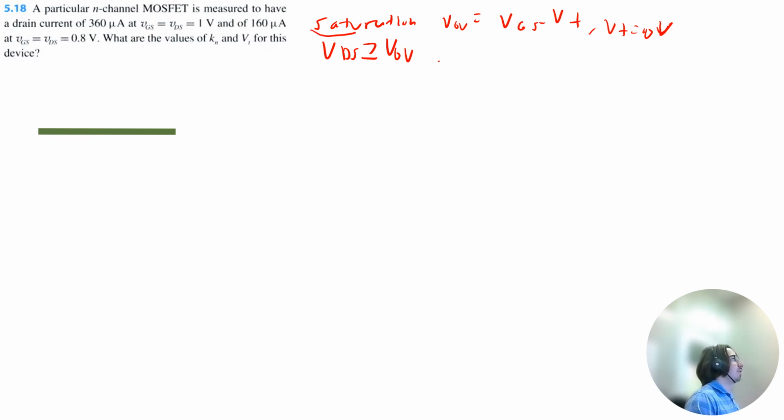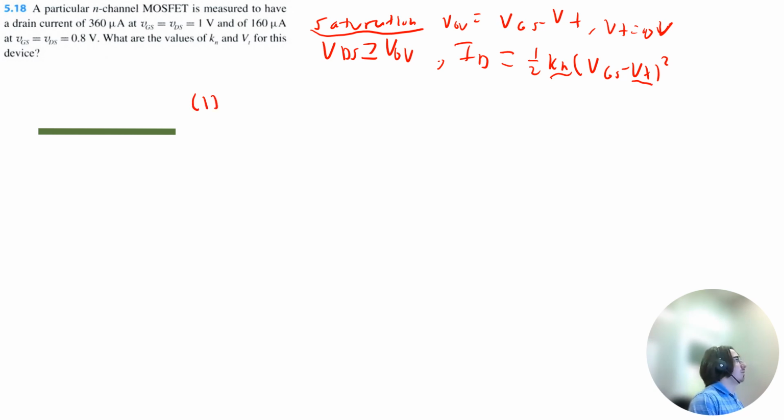So we're definitely in saturation, which means our current equation is 1/2 Kn times V overdrive squared, or VGS minus VT squared. Okay, so we're going to make a system of equations with two variables, Kn and Vt, and then solve for them.